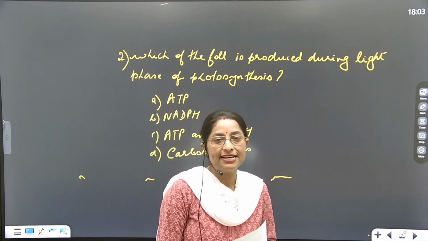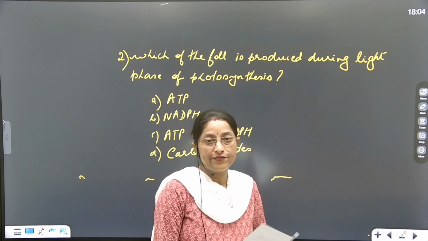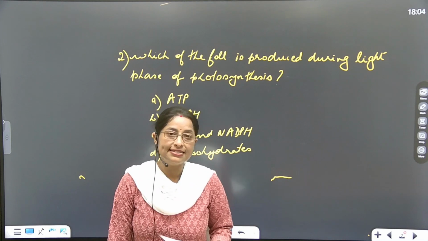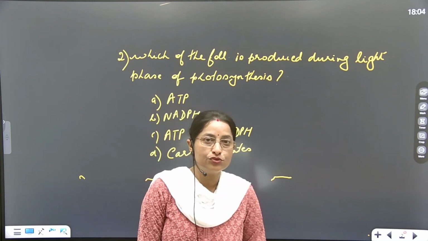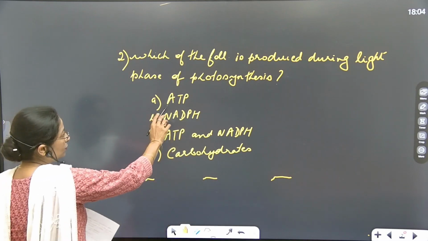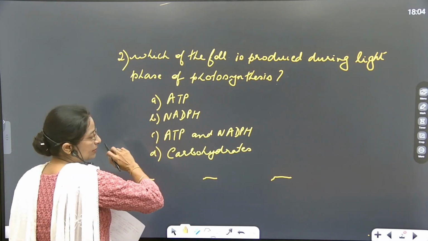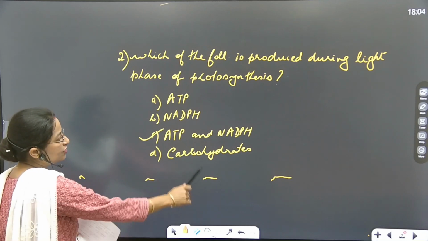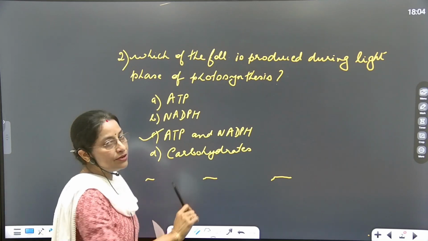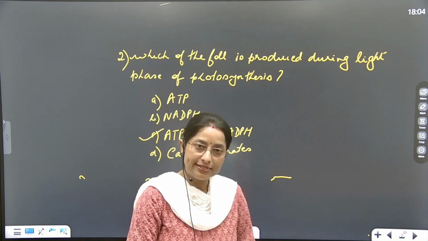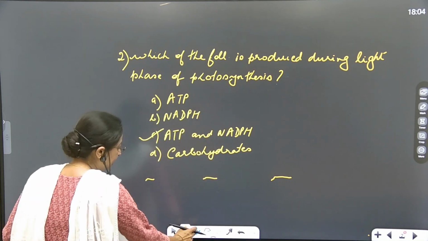So we are asking about the products of the light reaction. When we talk about the products of the light reaction, we talk about three products: ATP, NADPH2 and oxygen. Is it only ATP? No. Is it only NADPH? No. So obviously the correct answer would be ATP and NADPH. As far as carbohydrates are concerned, we are talking about food in the form of glucose. Obviously that's a product of the dark reaction. We'll move to the next question.